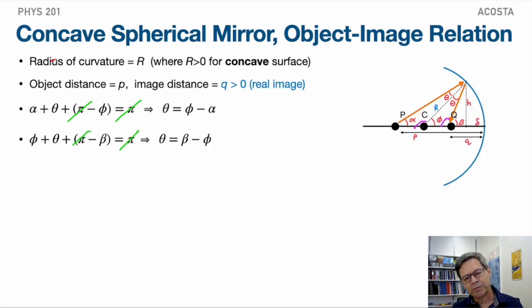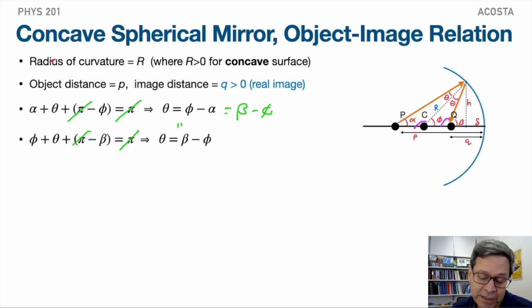So I have two relations for theta, which means I can eliminate theta by setting those two expressions equal. So I have phi minus alpha equals beta minus phi.